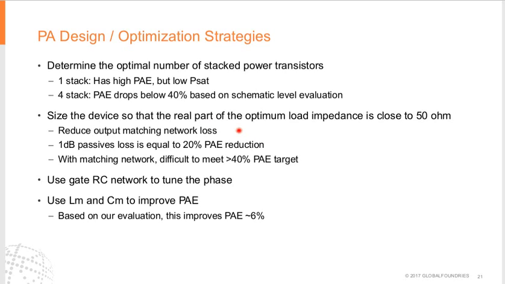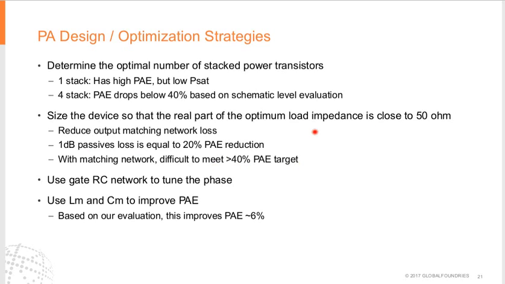Then we don't need to do the impedance transform, which reduces the output network loss. Because if we do the impedance transform, it normally will cause about 1 dB passive loss. That means about 20% PAE drop. Then it will be hard to meet the 40% PAE requirement.